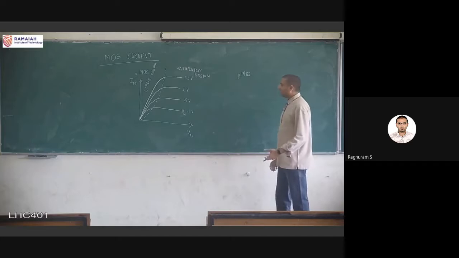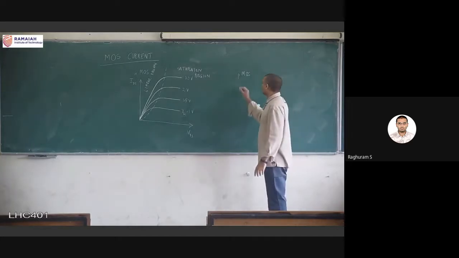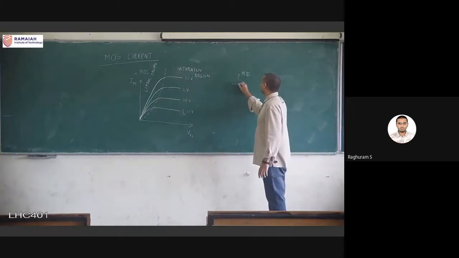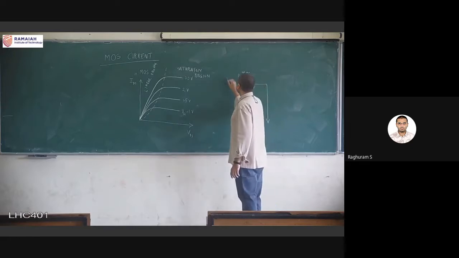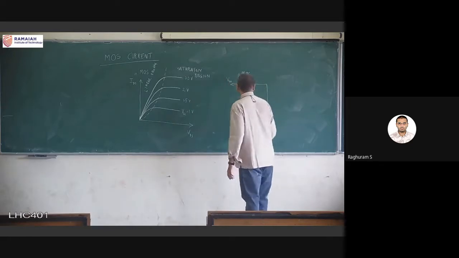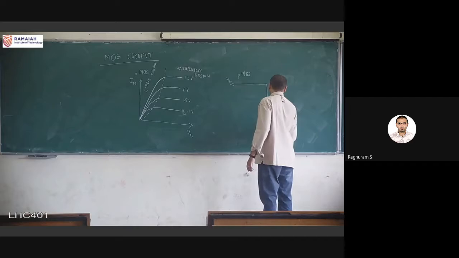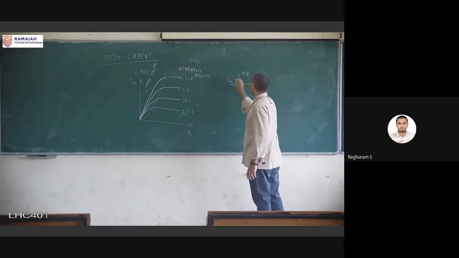The only thing is, instead of being in the first quadrant, everything happens for the PMOS transistor in the third quadrant. This is my VDS, this is IDS. If you want, you can write minus minus, same thing.